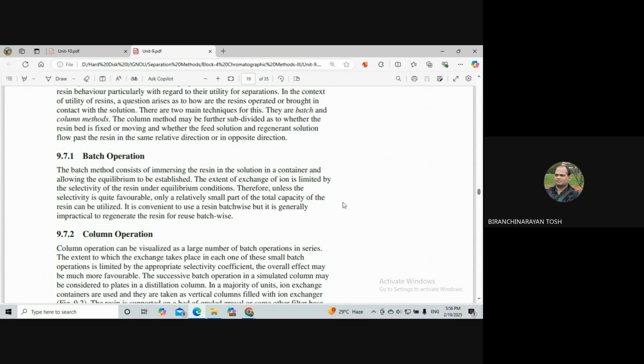The extent of exchange of ions is limited by the selectivity of the resin under equilibrium conditions. Therefore, unless the selectivity is quite favorable, only a relatively small part of the total capacity of the resin can be utilized. It is convenient to use a resin batch-wise, but it is generally impractical to regenerate the resin for reuse batch-wise.